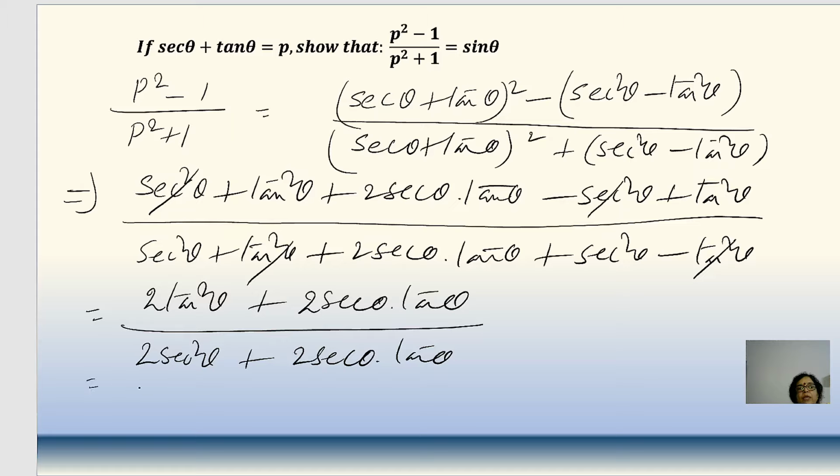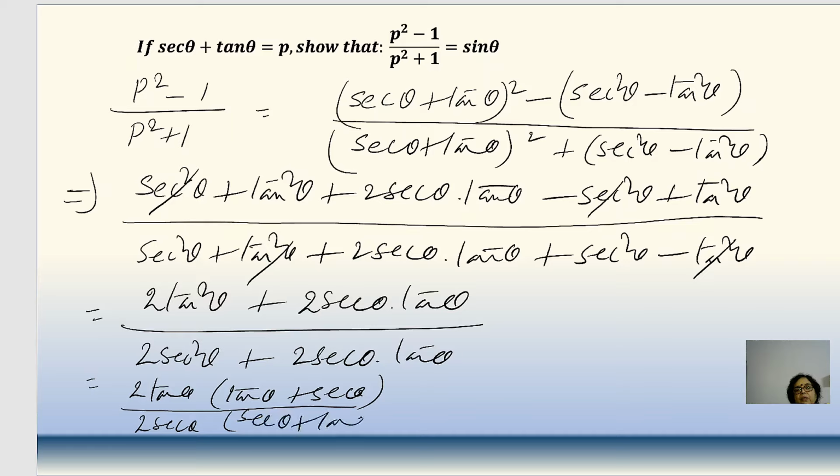So from the numerator, we can take out 2 tan theta common, and we are left with tan theta plus sec theta. And in the denominator, we take out 2 sec theta common, and we are left with sec theta plus tan theta. So basically these two terms are same, we cancel out, and now this 2 and 2 can also be cancelled, and we get tan theta by sec theta.